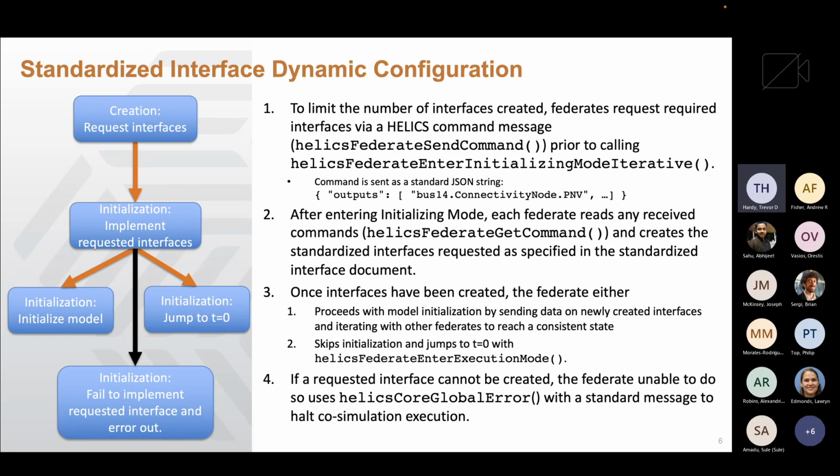So there's an ability in the API to call a global error that will basically end the co-simulation because the configuration was going to fail. Alternatively, you can go into the normal initialization process, either skipping initialization entirely and just jumping to execution mode, which is time 0, or continuing to iterate and initialize your model state with other federates that are doing so in this initialization period.